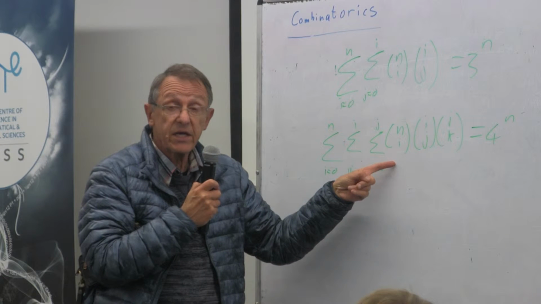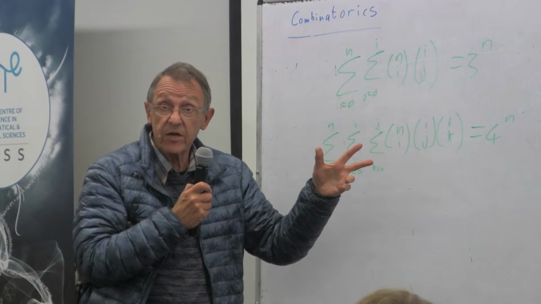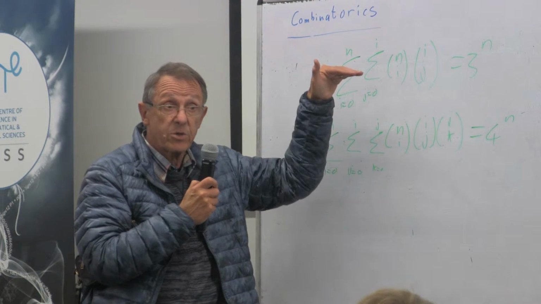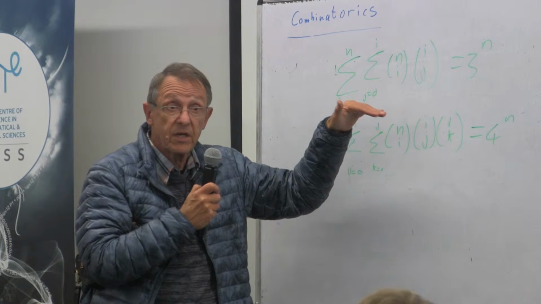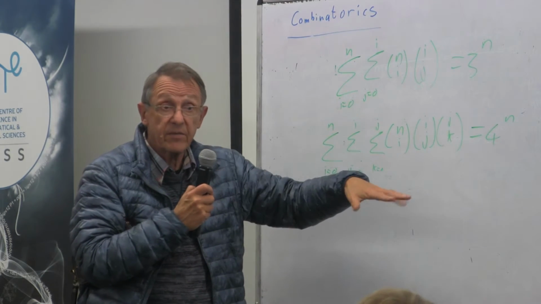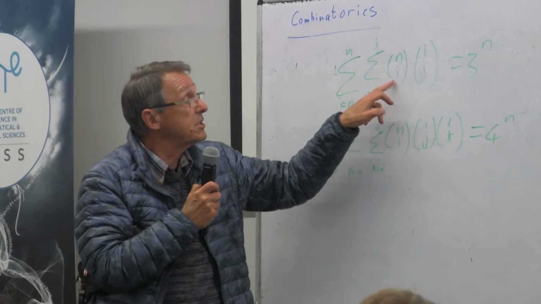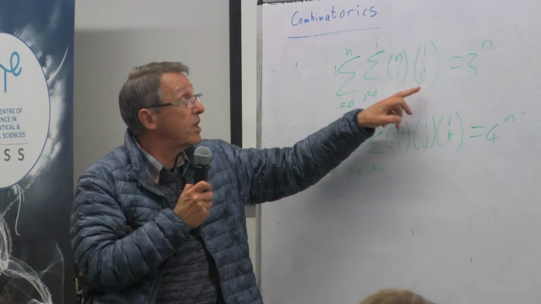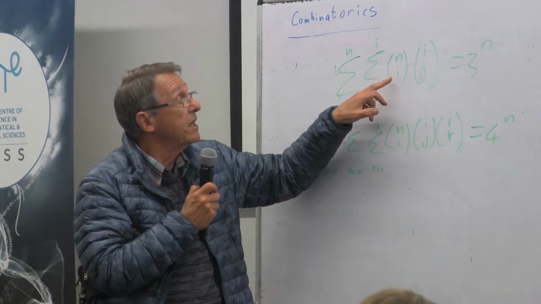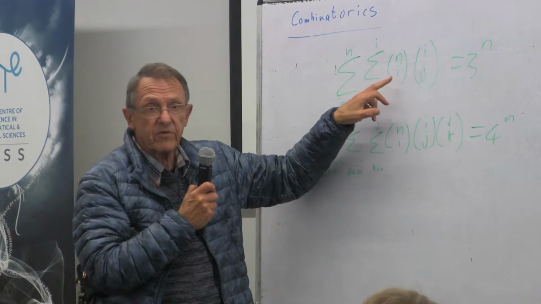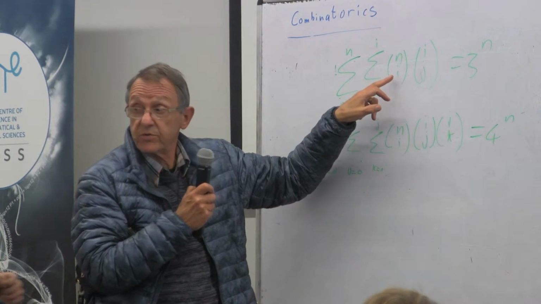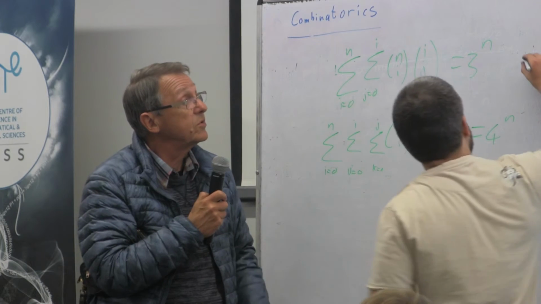In the same way, remember we met the multinomial coefficients? After we'd been shown the binomials, we were shown the trinomials and then the multinomials. So this product is in fact the trinomial coefficient. I don't remember exactly what it is, but it turns out into a trinomial coefficient.